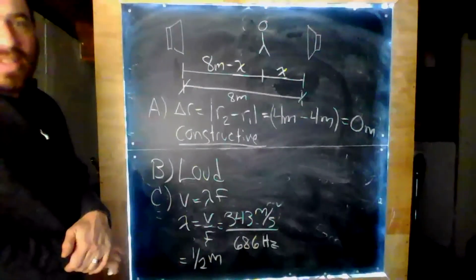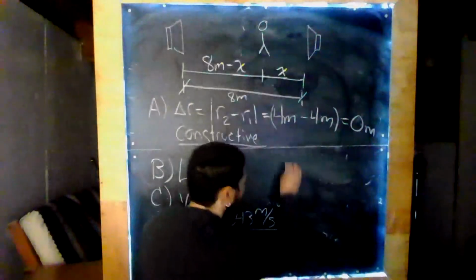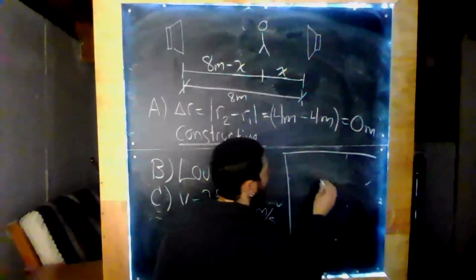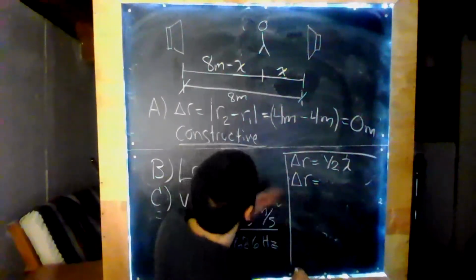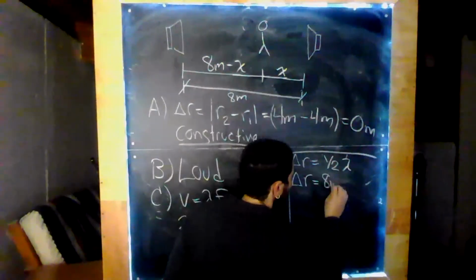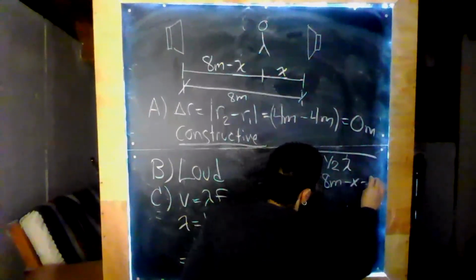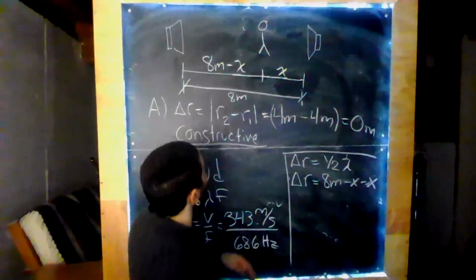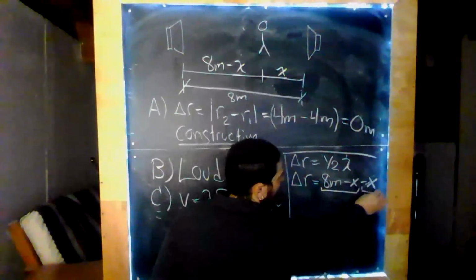And so we can now set up a quick algebra problem. We want delta r to equal 1/2 lambda. And we know that delta r is going to be the difference between these two things. So that is 8 meters minus x minus x. Again, it's the difference between the two things. Here's r1, here's r2.